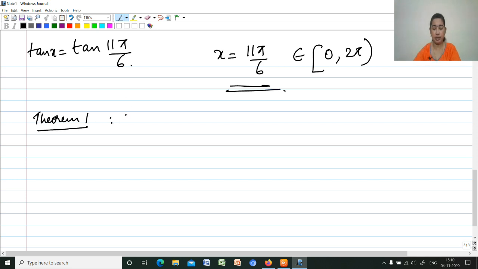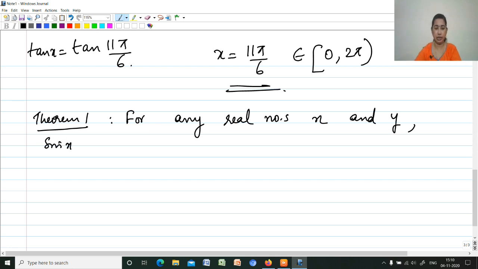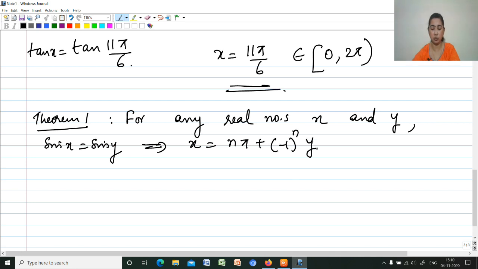For any real numbers x and y, sin x equal to sin y implies x equal to n pi plus minus 1 raised to n into y, where n is an element of integers.